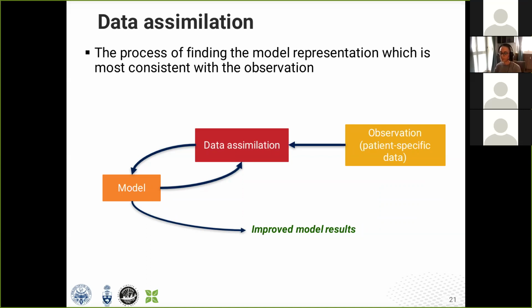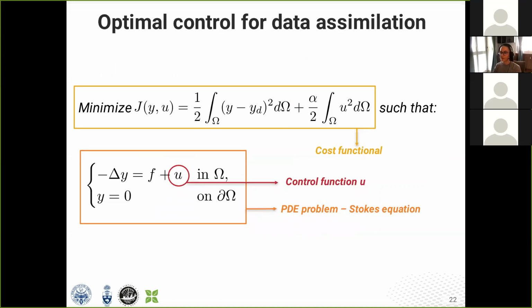There are different techniques to do data assimilation that are popular also in cardiovascular modeling. One, for example, is the Kalman filter. But what we decided to use, what we're interested in, is optimal control. Optimal control is basically the solution of a problem which consists of a cost functional that must be minimized, and this cost functional is constrained to the solution of a PDE problem.